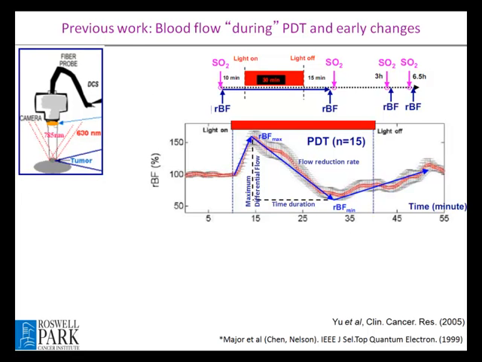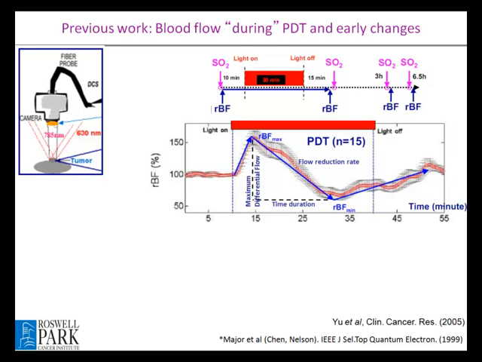For our motivation for this clinical work, there is already a lot of previous work done by researchers, including here. Again from Arjun's lab, but interestingly, Dr. Chen and Nelson also worked on continuous measurements. They saw different patterns of blood flow changes; for example, in this case, there is an early increase, then a decrease, then it comes back to baseline.